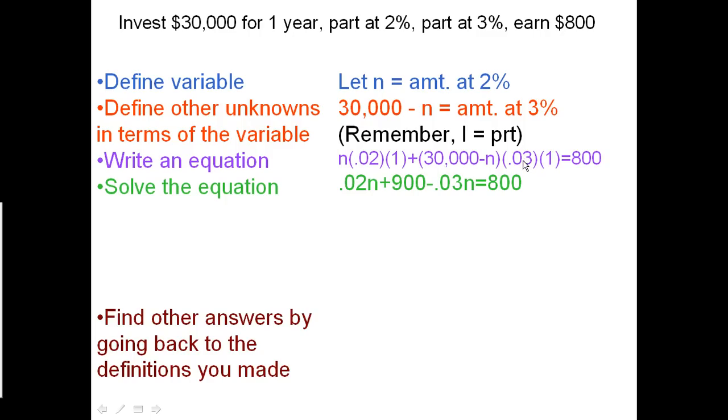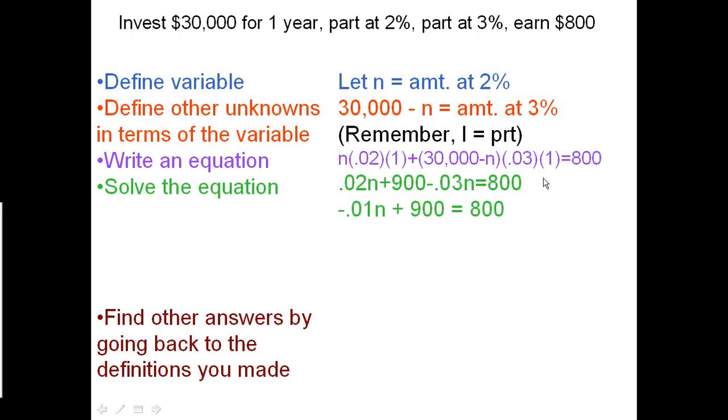However you do it, you're going to have to use the distributive property. So it's going to be 0.03 times 30,000 minus 0.03n. Okay? So we end up getting 0.02n plus 900 minus 0.03n is equal to $800 after doing that distributive property.